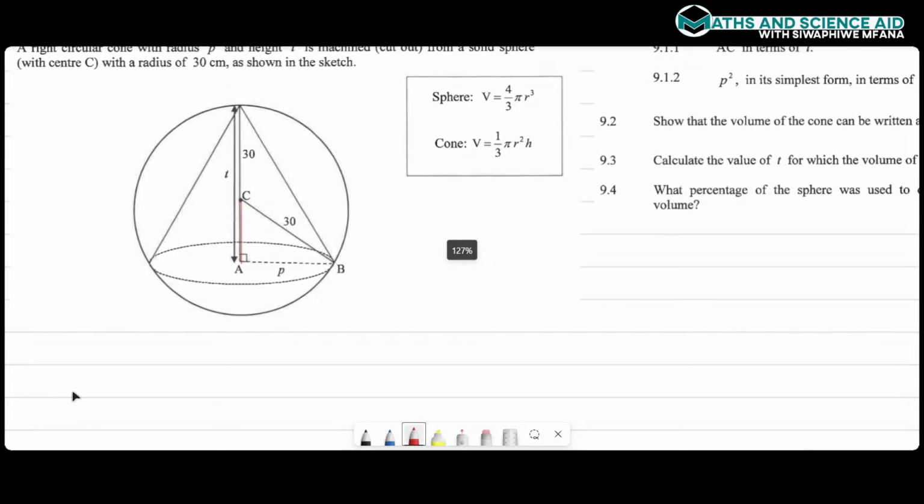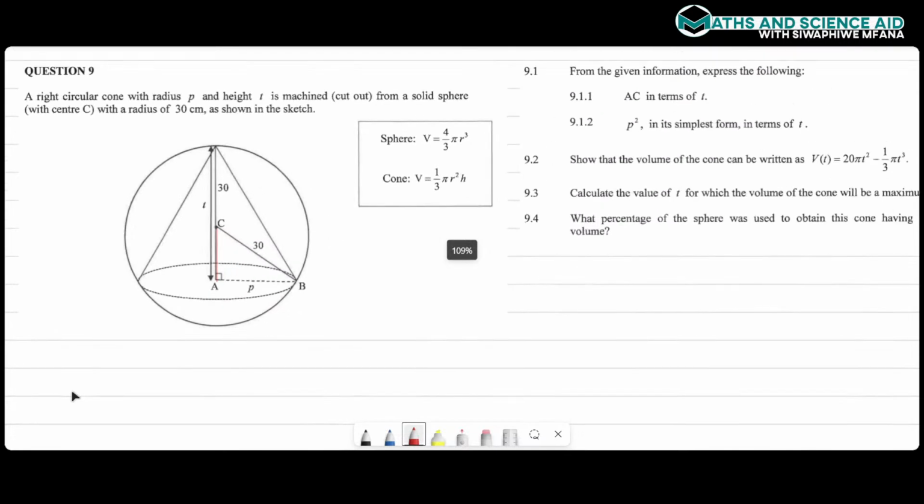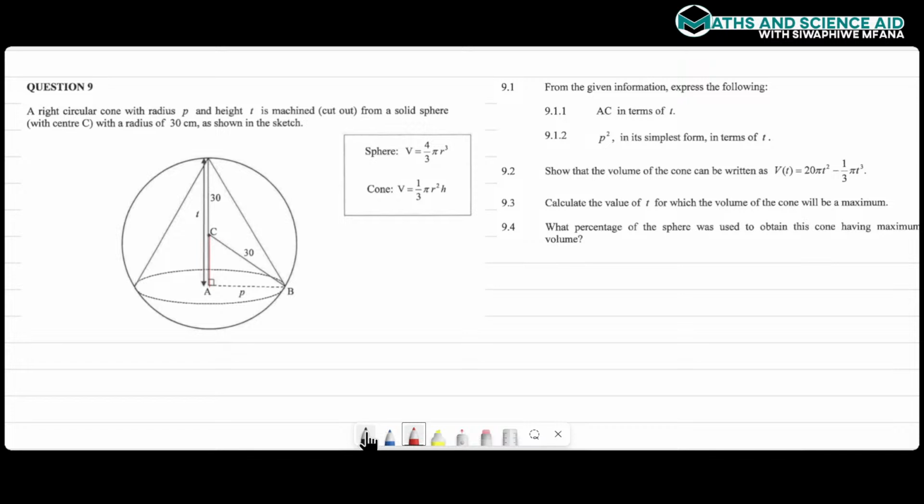So this is actually very straightforward, guys. For 9.1.1, it means that AC is just simply equal to T, that whole perpendicular height, minus the radius, because we are given that the radius from C up to the top of that cone is 30. So AC is just simply T minus 30.